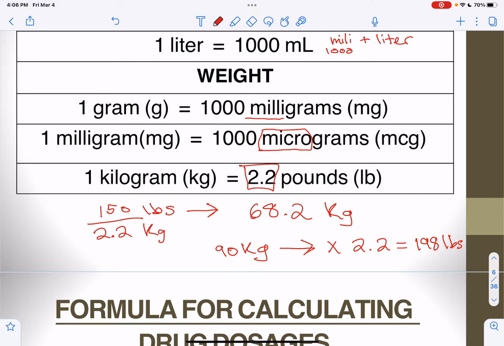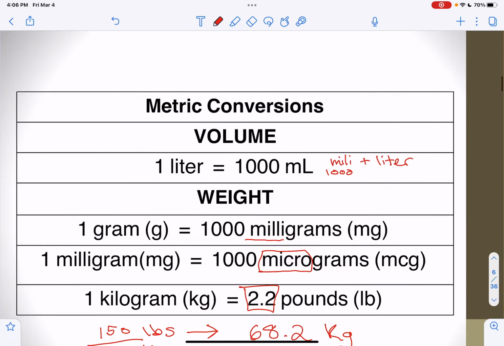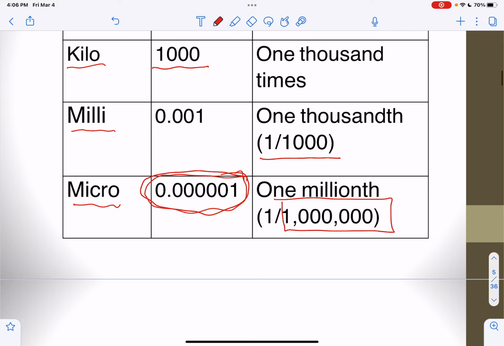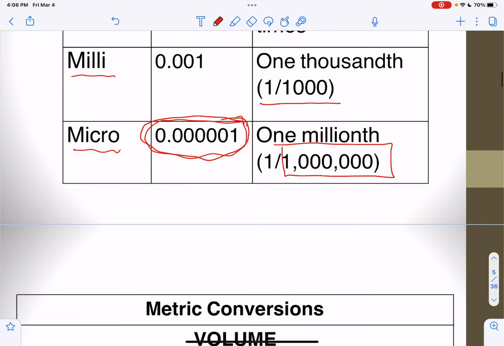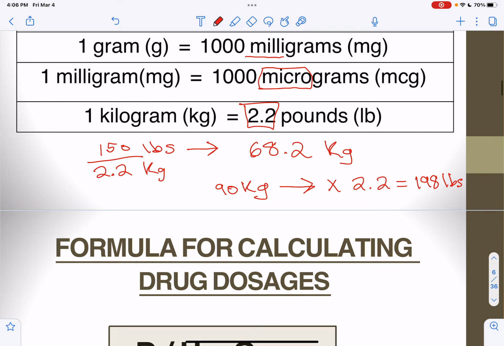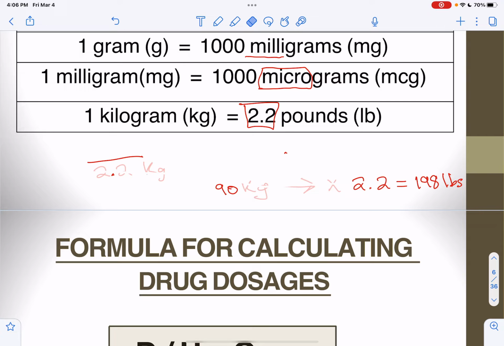And 1 milligram is equal to 1,000 micrograms, because micro means to divide by 1 million. And 1 kilogram equals 2.2 pounds.